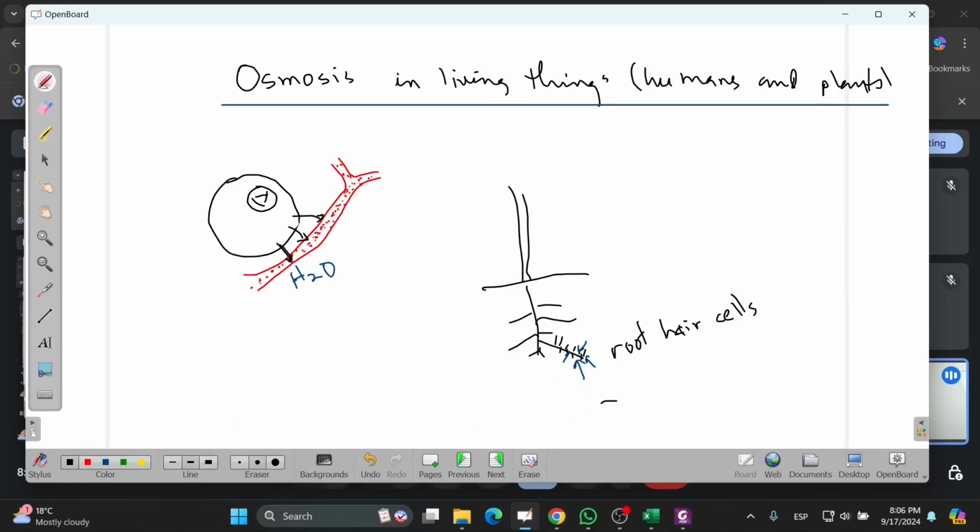And then those cells eventually will be moving the water from cell to cell, because when this cell here takes water and it gets a lot of water, there will be more water on this one than on the next one. So water will move from this cell into this one, and from this one into this one, and from this one into this one. You see, and eventually goes up the roots and up the stem.